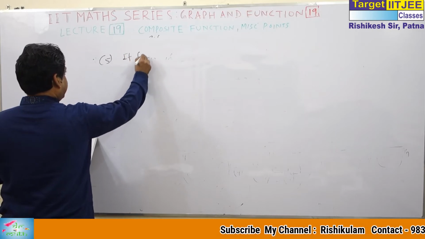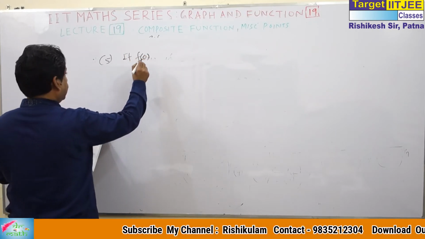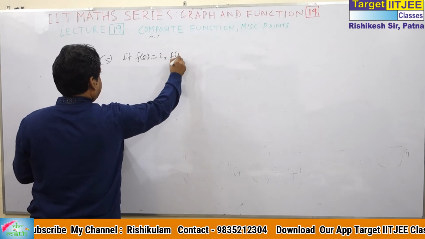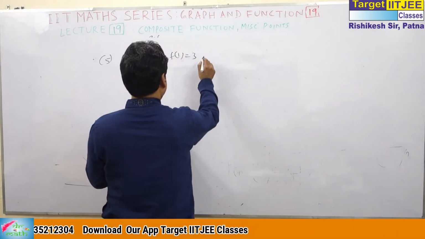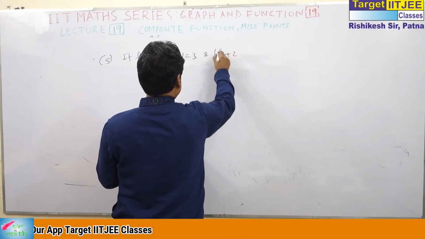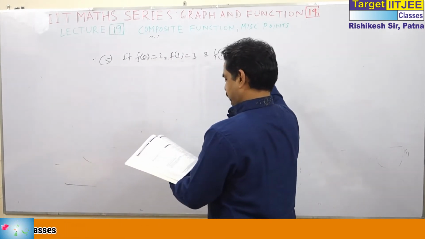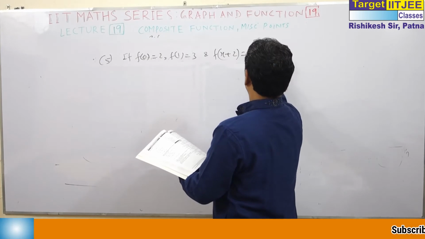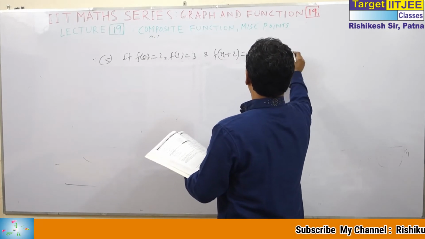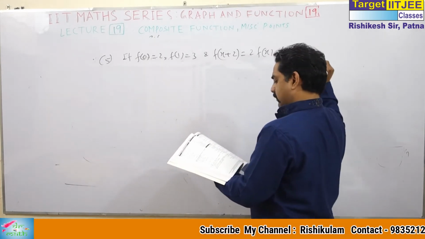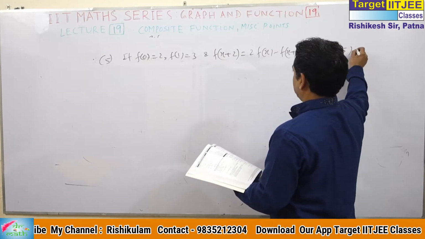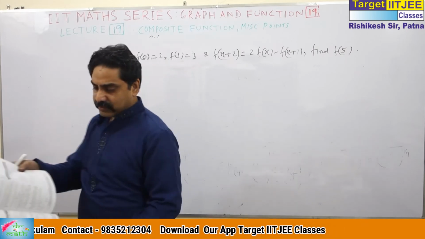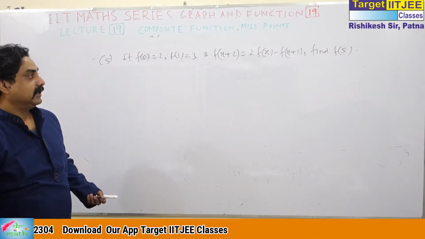If f0 is equal to 2, f1 is equal to 3, and f(x plus 2) is equal to 2f(x) minus f(x plus 1), find f5. This is a functional equation with only one variable, that is your x.